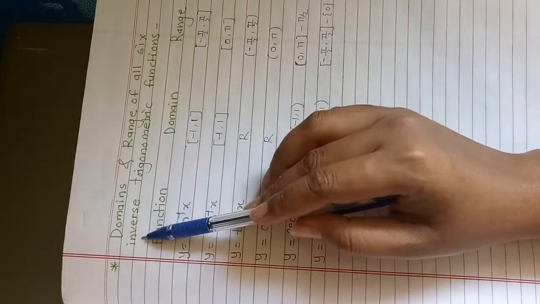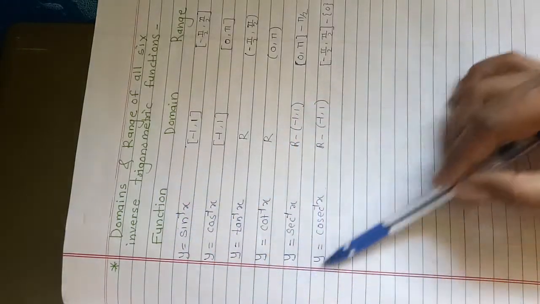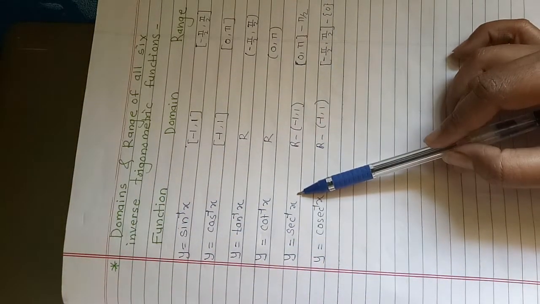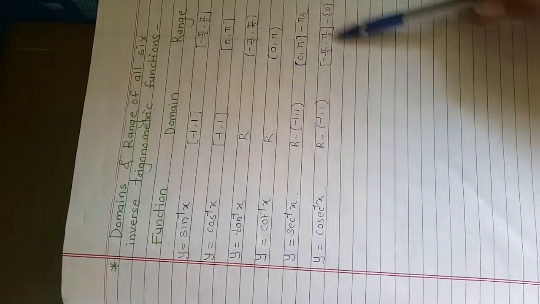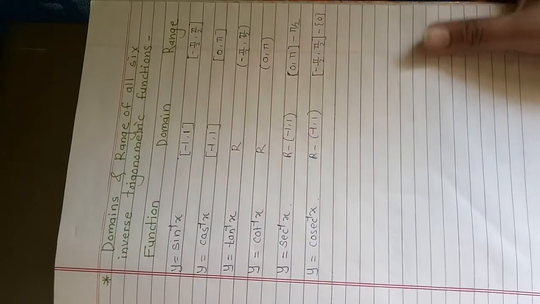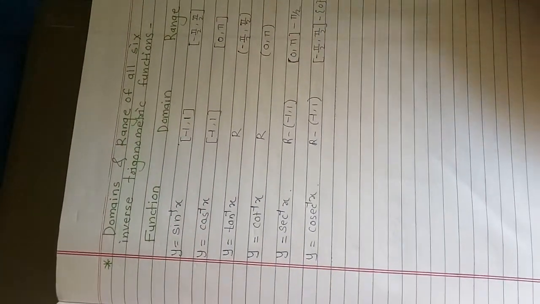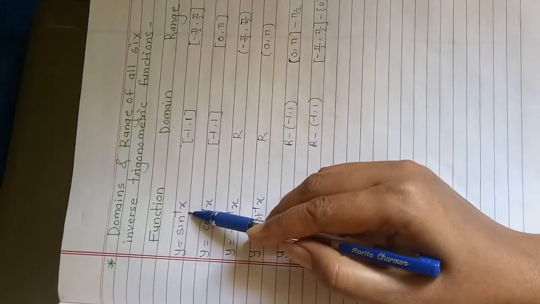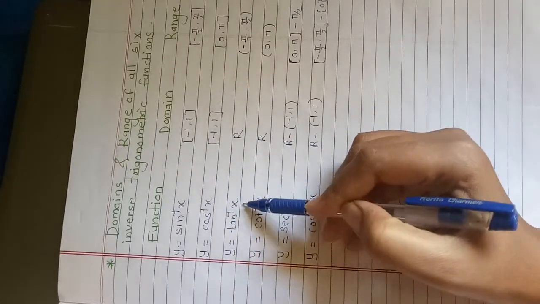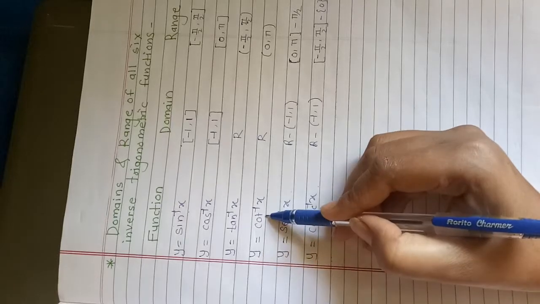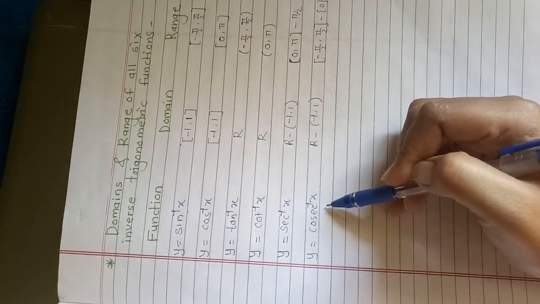The functions are y is equal to sine inverse of x, y is equal to cos inverse of x, y is equal to tan inverse of x, y is equal to cot inverse of x, y is equal to sec inverse of x, y is equal to cosec inverse of x.